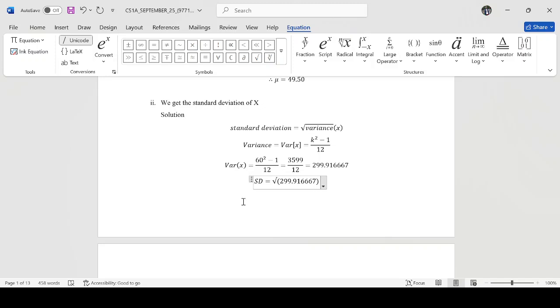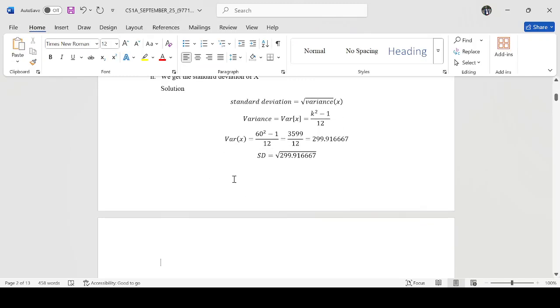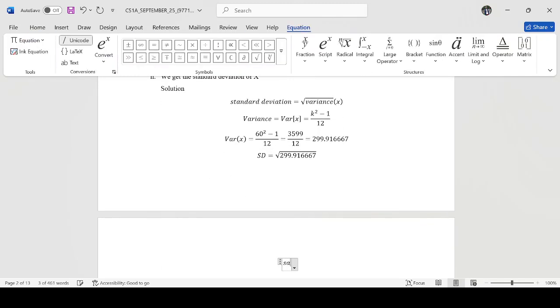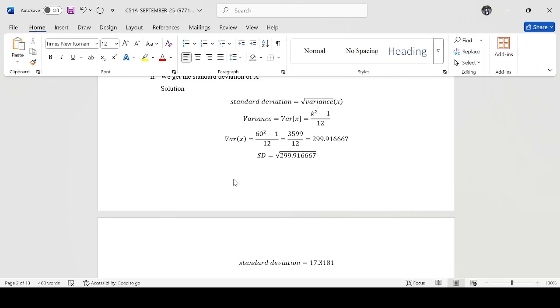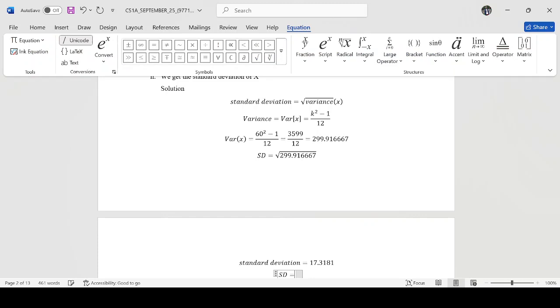From my calculator, the square root is coming to around 17.3181, so our standard deviation is equal to 17.3181. But you can give the examiner the standard deviation to 2 decimal places, so we'll have 17.32. So that is it.